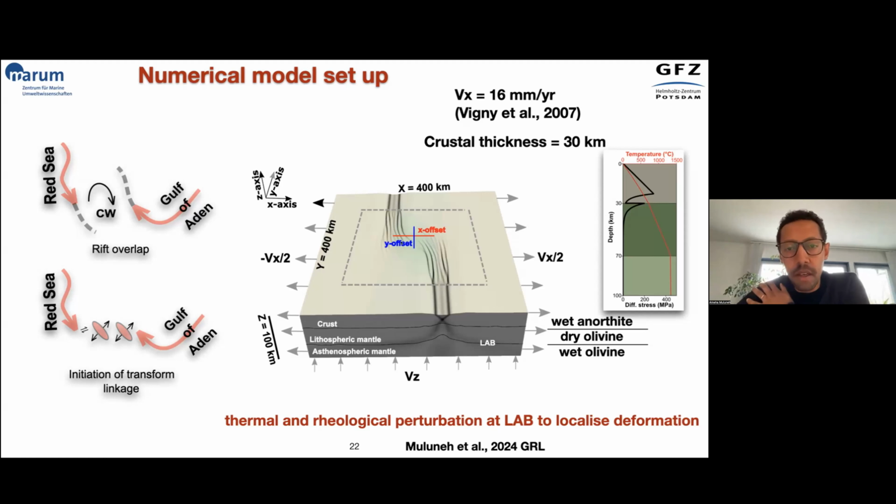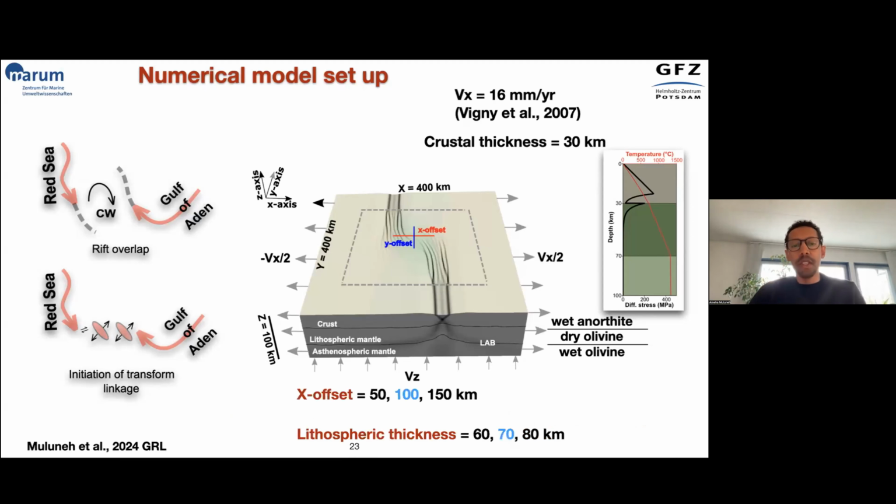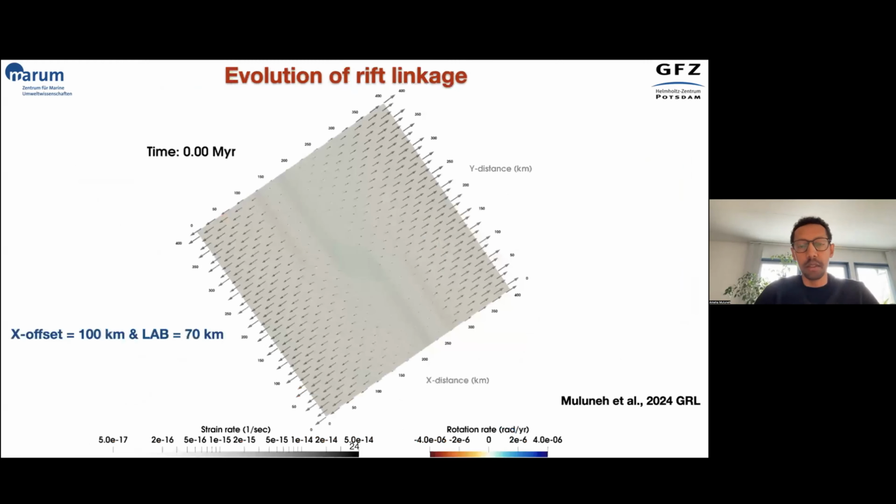So we play with these parameters, the x offset, and also with the lithospheric thickness, because based on this study I just mentioned, these are the most important parameters that control how propagating rifts connect. So for this, we test x offset 50, 100, and 150 kilometers, by varying the lithospheric thickness from 60 to 80 kilometers.